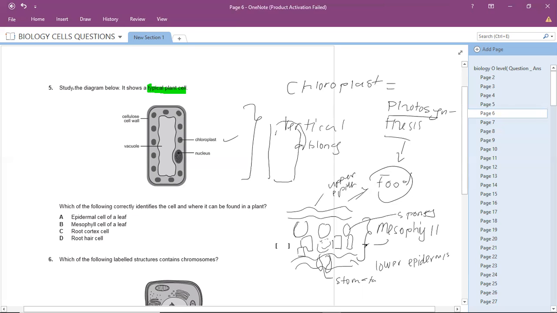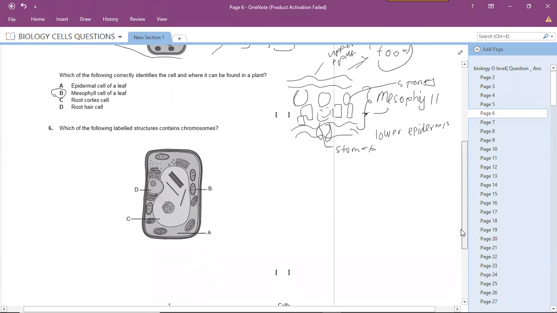If you see a cell that looks like this, it's a palisade cell, and it's found in the mesophyll layer that's specialized for the process of photosynthesis. So which of the following correctly identifies the cell and where it can be found in a plant? This is a palisade cell, and it's found in the mesophyll layer that's specialized in the process of photosynthesis.